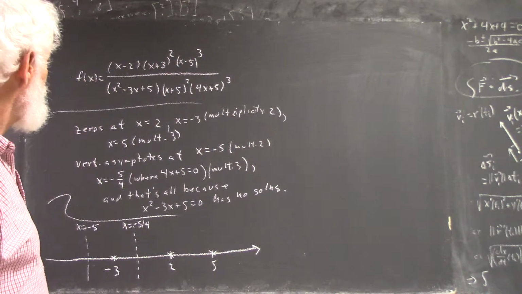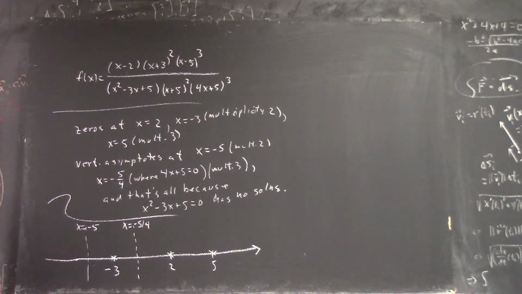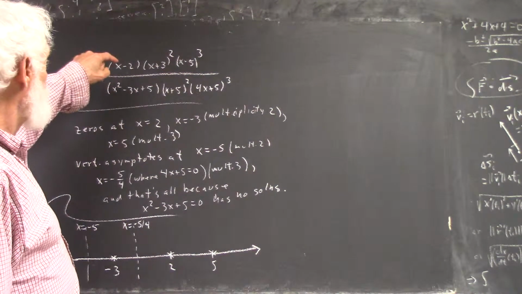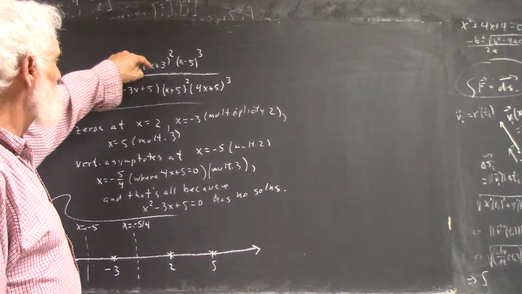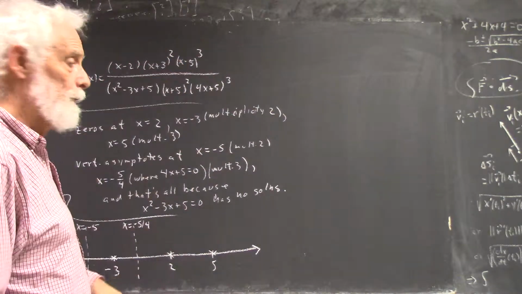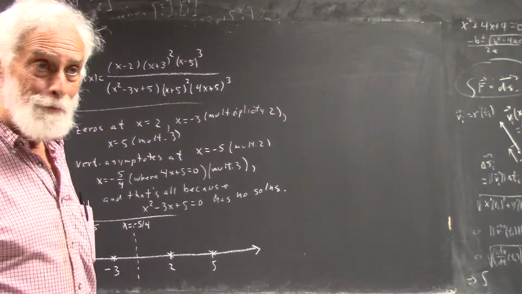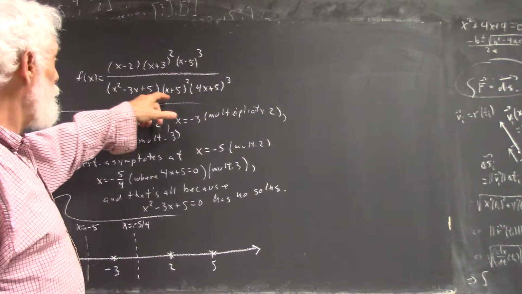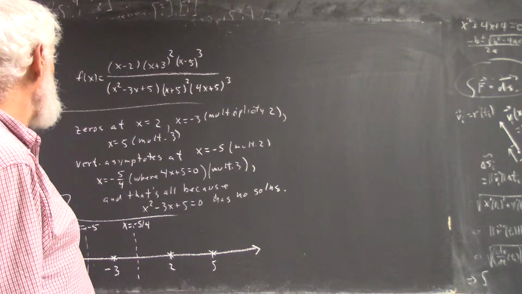Now, all the x's are positive. So it looks like we've got an x multiplied by an x squared multiplied by an x cubed, which is like an x to the 6th, right? Down here, we got an x squared times an x squared times an x cubed, which is like x to the 7th.